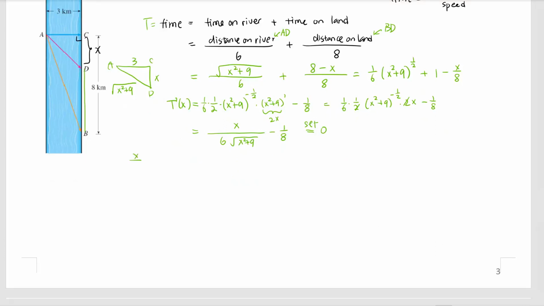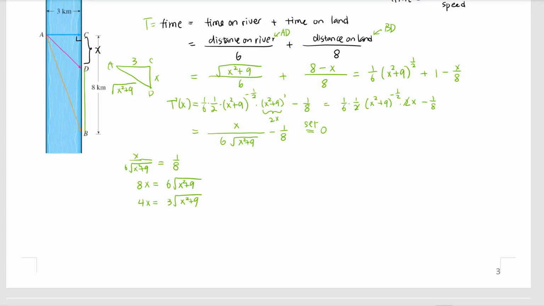Move the 1 over 8 to the other side and cross multiply. We get 8x equals 6 square root of x squared plus 9. Can you see a common factor of 2? Dividing both sides by 2, we get this one.